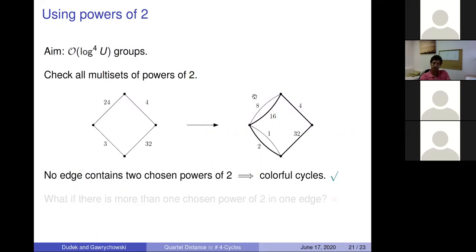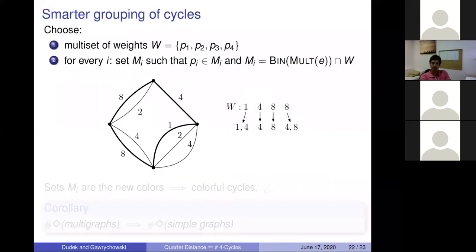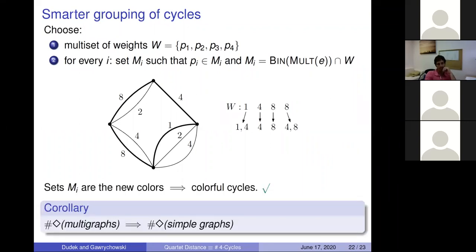You will have 2 edges with 2 different colors, and the previous reasoning doesn't really work. So you have to do something slightly more technical. So actually you fix not the powers of 2, but multisets of powers of 2. I will not show you how this is done exactly because I'm running out of time and I don't have slides for that. So in the end, we reduce multigraphs to a polylogarithmic number of instances of counting 4 cycles in simple graphs of m edges total.